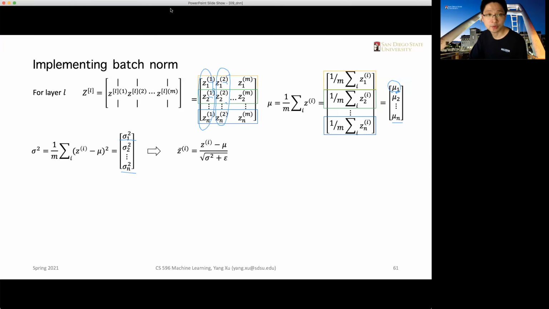Now we can compute the normalized z's, which we call z bar.